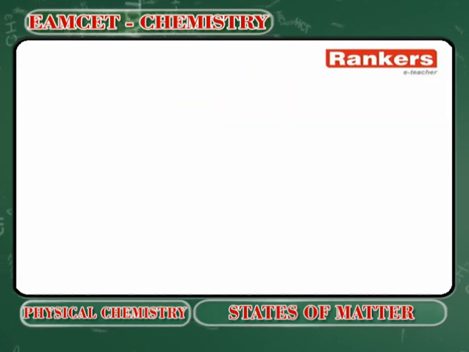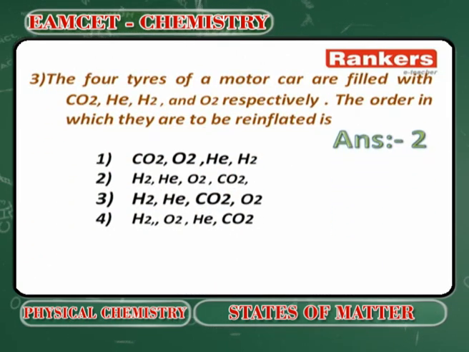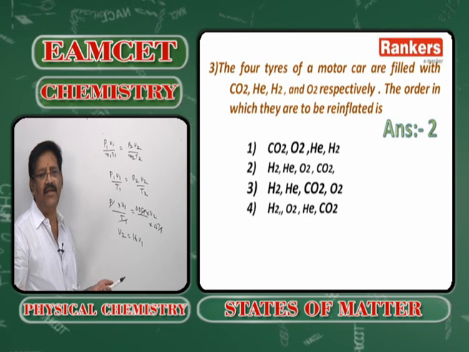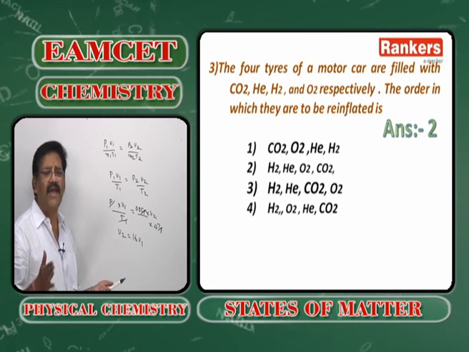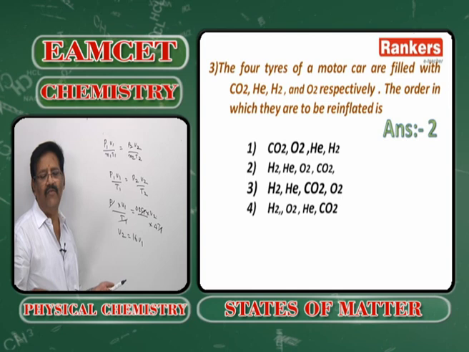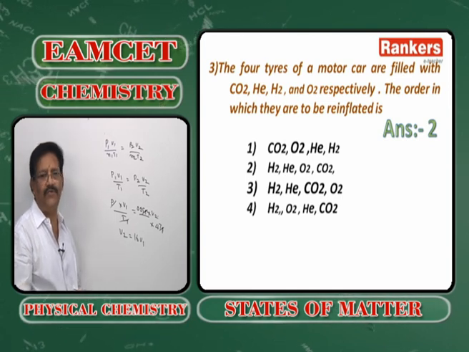Next question. The 4 pipes are filled with CO2, helium, hydrogen and oxygen respectively. So what is the order in which they are to be reinflated? Because when temperature and pressure are kept constant, the gas having low molecular weight will have high rate of diffusion.